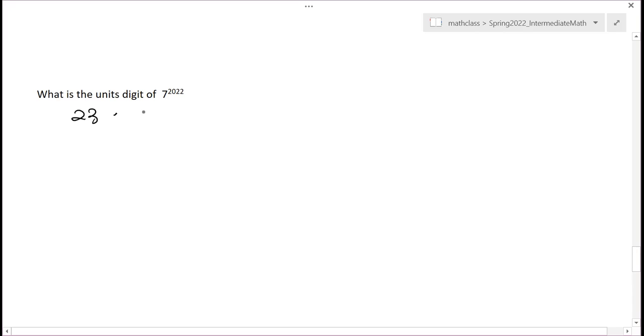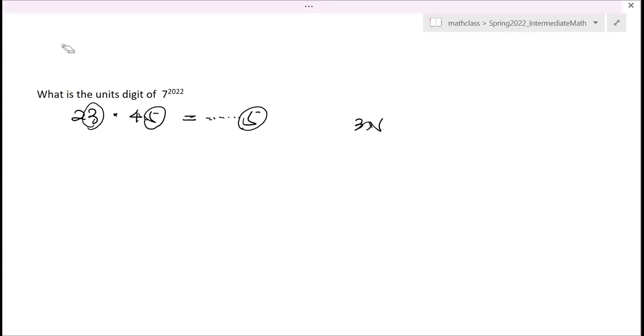23 times 45, right? As you can see, the units digit is only determined by 3 and 5. The tens digit does not make any contribution to the units digit. So you get 5 something. All you have to do is pay attention to the units digit, because 3 times 5 is 15. That's all you needed to know.